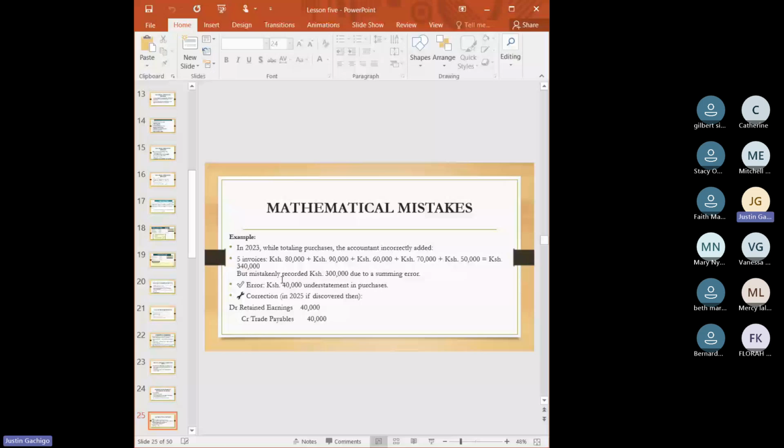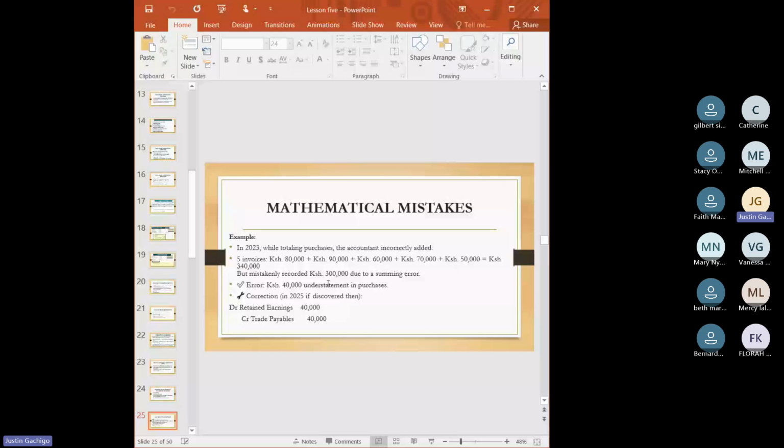But the good thing is that I'm very sure none of my students will do this. Then, how are you going to correct this? You're supposed to record 340, but you have recorded 300.